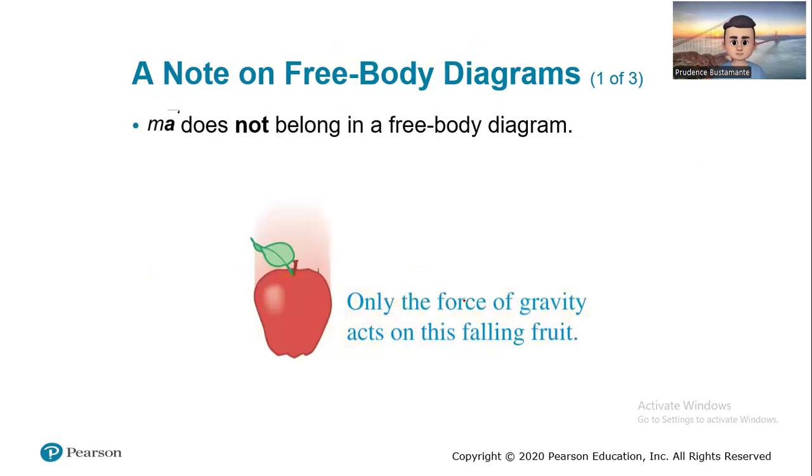Okay, before we do this, we note that the mass times acceleration does not belong in the free body diagram because it is not a force. Only the force of gravity acts on the fruit.